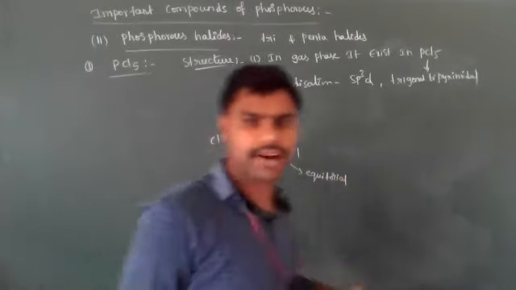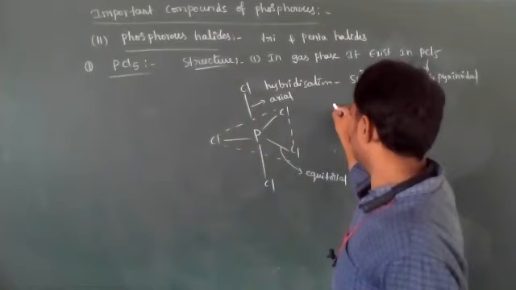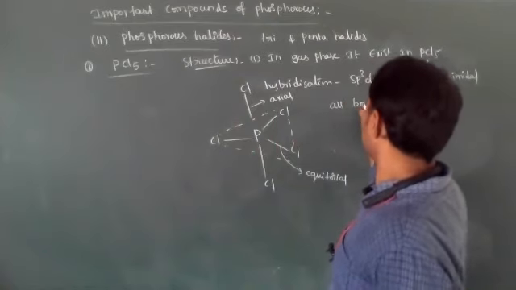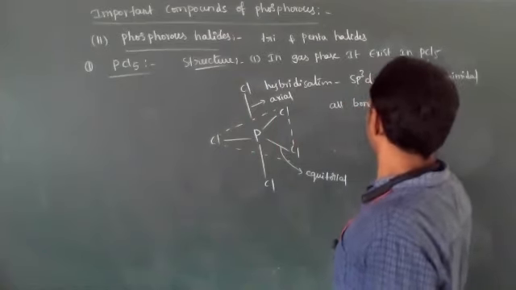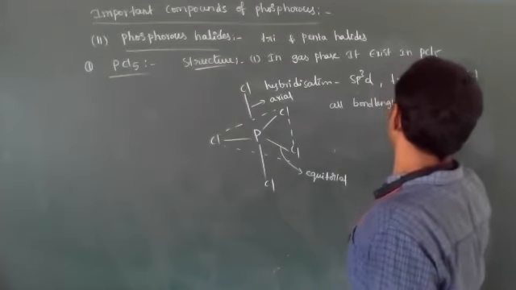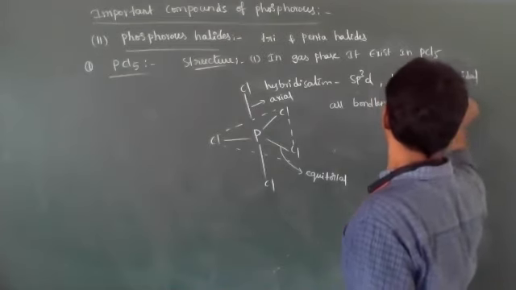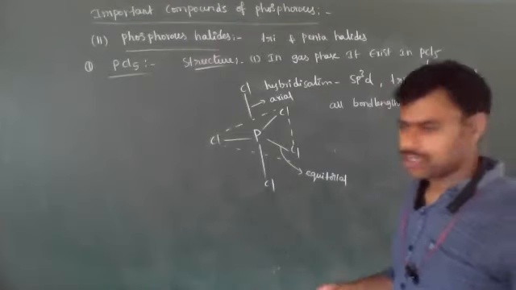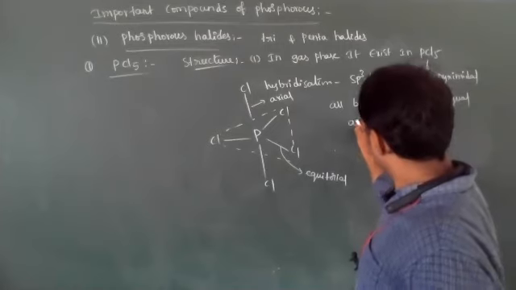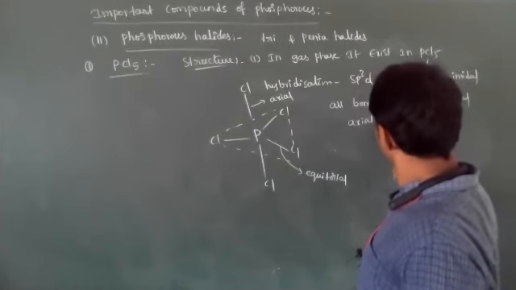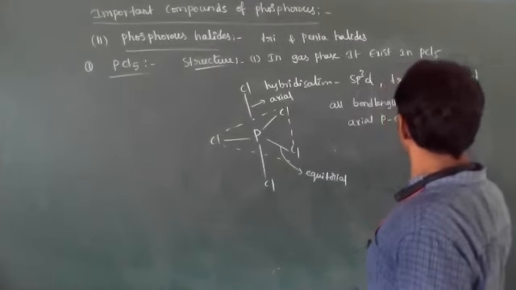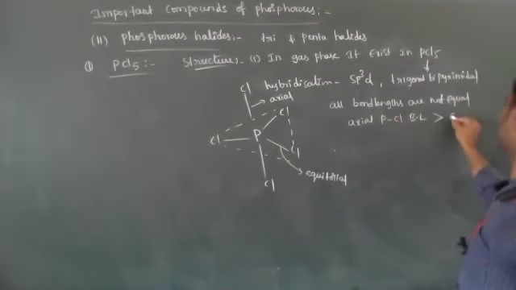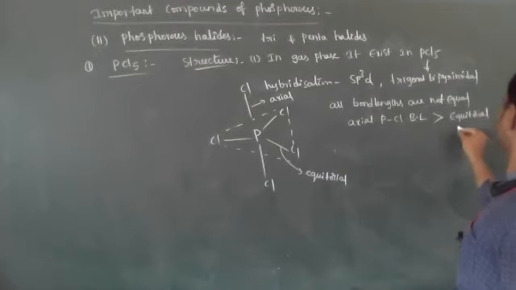So in PCl5, in gas phase, all bond lengths are not equal. Axial bond lengths are larger than equatorial phosphorus-chlorine bond lengths.